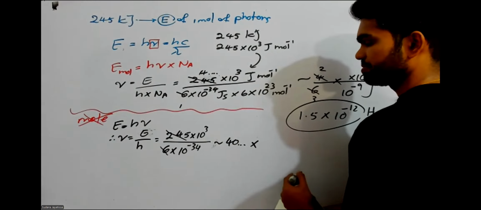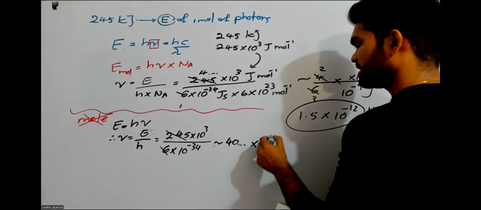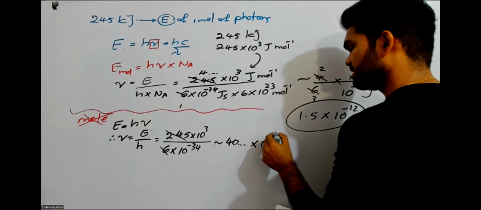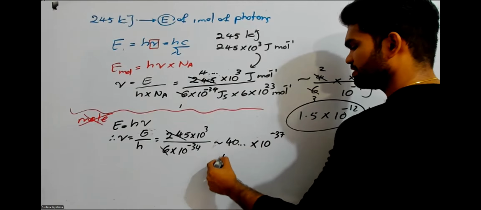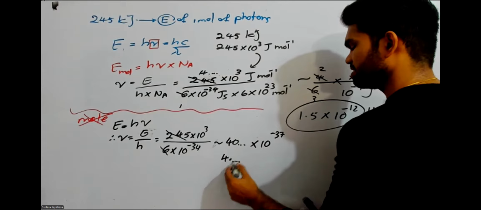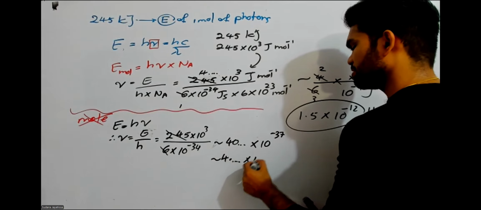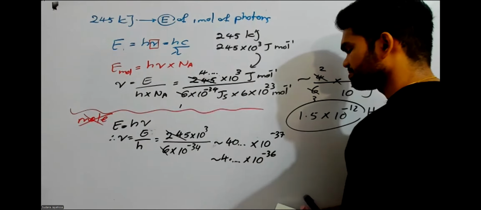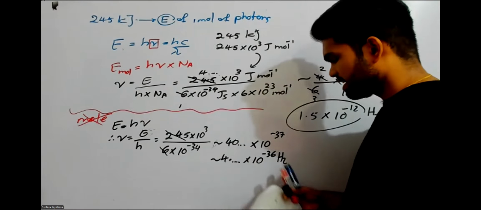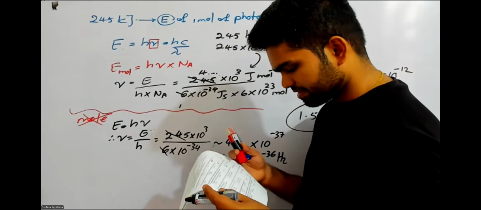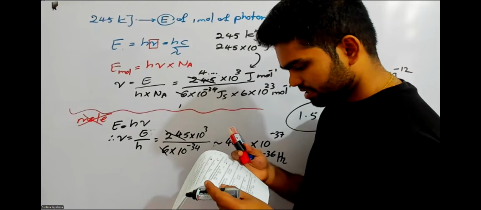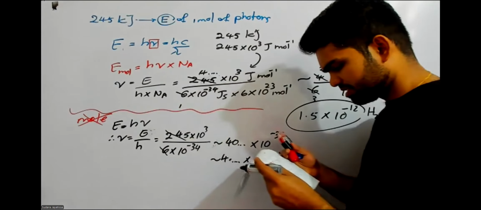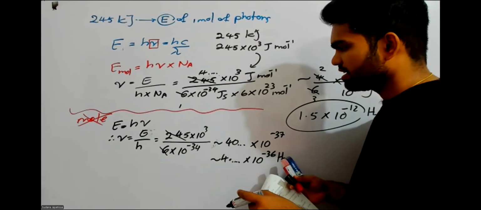And 10 to the power 37. If it is 4 point something, around 40 something, there is an answer starting from 40.